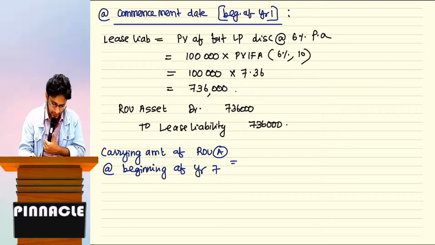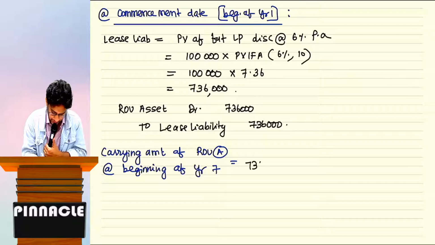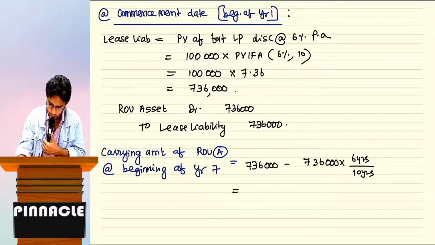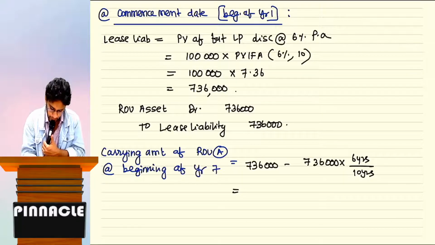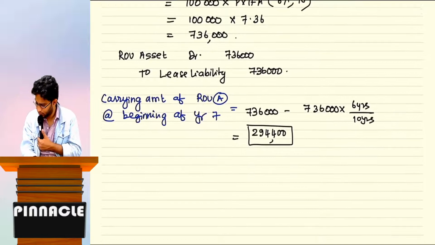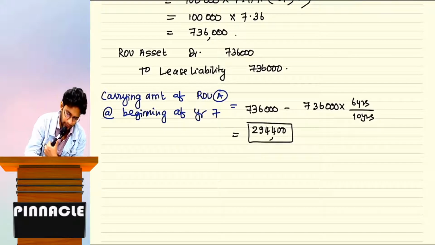Carrying amount of the asset at the beginning of year 7 is equal to 7,36,000 minus 7,36,000 into 6/10, which is 294,400. Check this once. It should be correct only anyway.